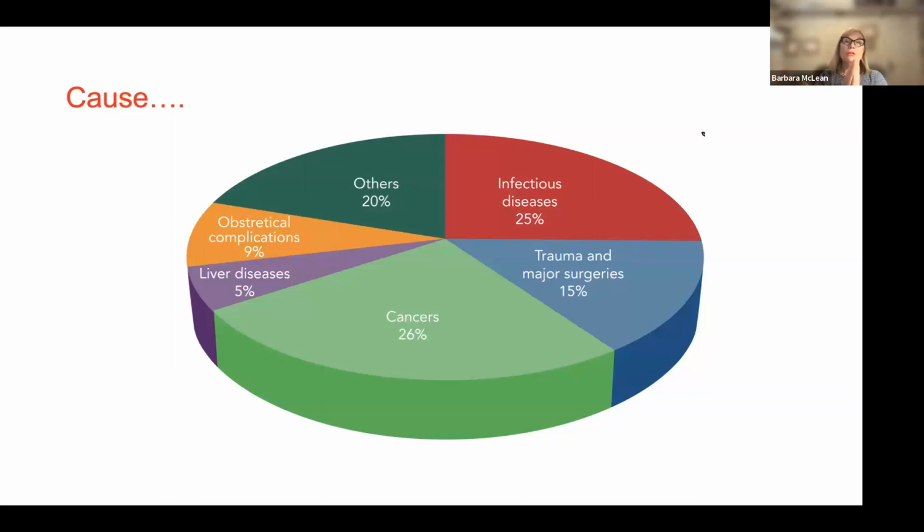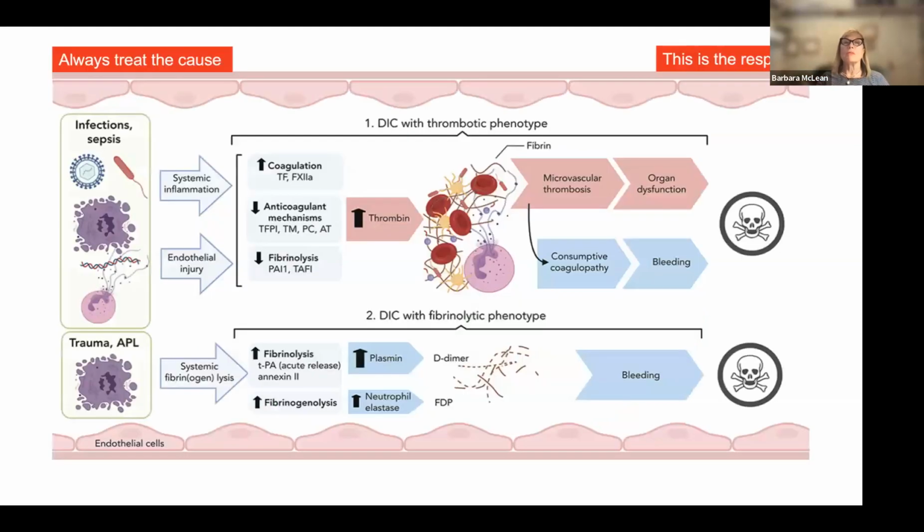So remember, first and foremost, DIC is not a primary diagnosis, it's a secondary diagnosis. Here are the most common primary diagnoses for DIC. So we always want to be aware of that in these types of patients that we're seeing. This others encapsulates most particularly patients who have a pro-inflammatory response like sepsis or other autoimmune disorders with a pro-inflammatory response.